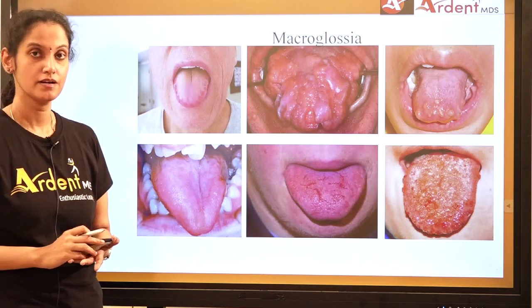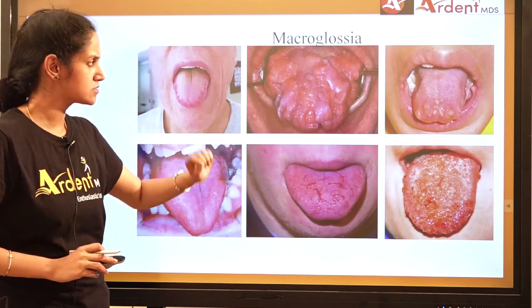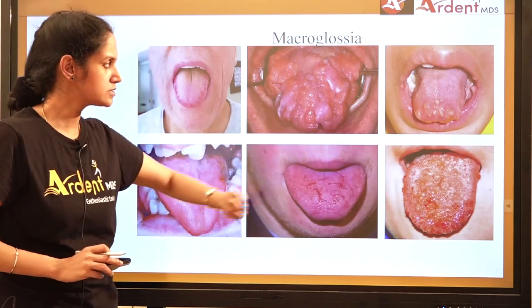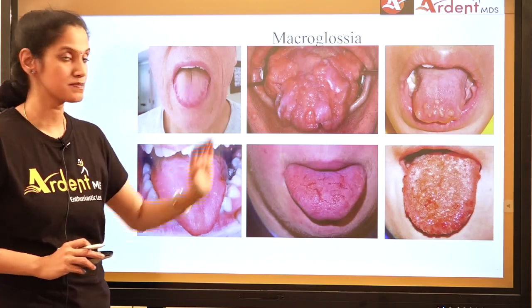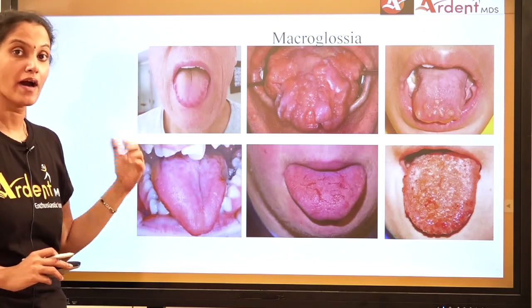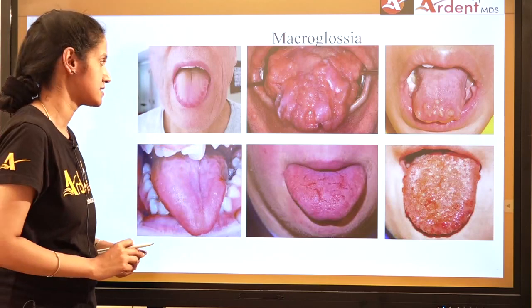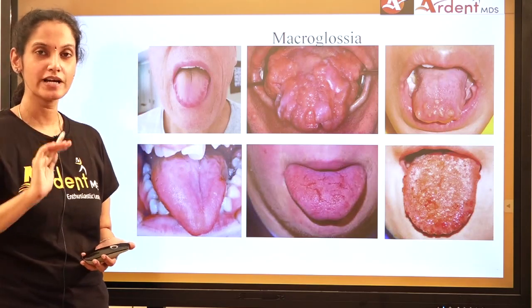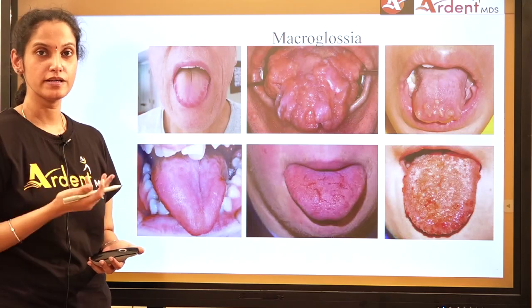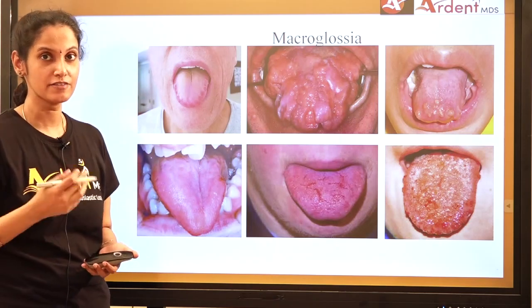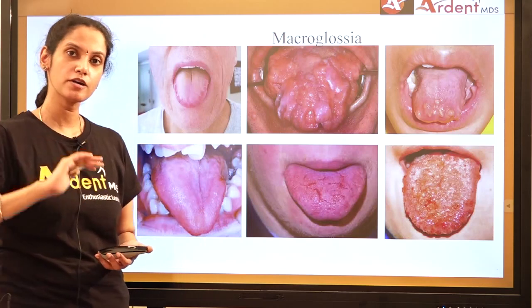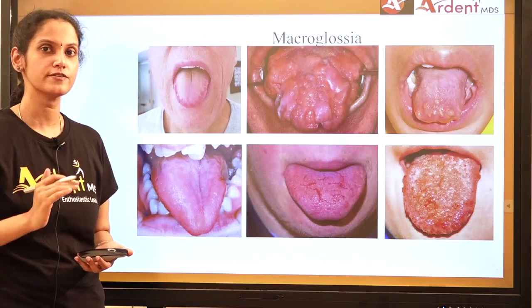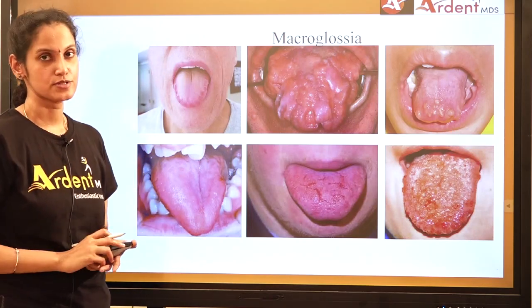Here it is nodular, there small nodules are present in the anterior part. There are various presentations. Let's see how macroglossia occurs in each of the disease conditions. When there is smooth diffuse enlargement of the tongue, the patient could be suspected of having hypothyroidism. In hypothyroid patients, macroglossia, if it occurs, is smooth and diffuse.